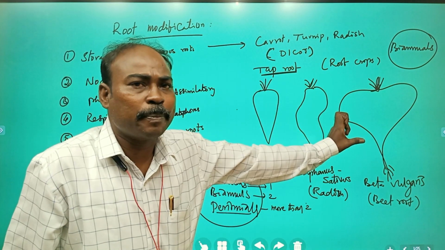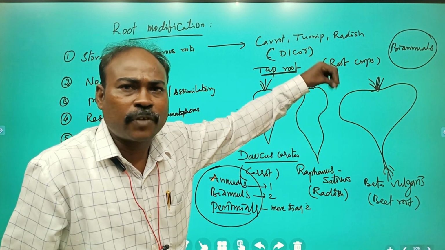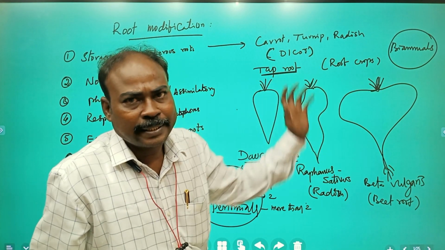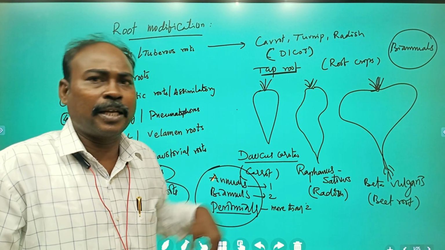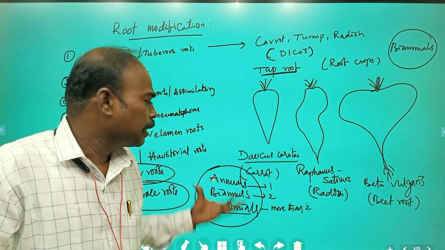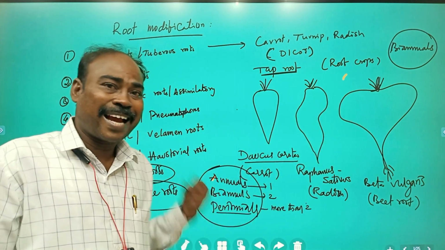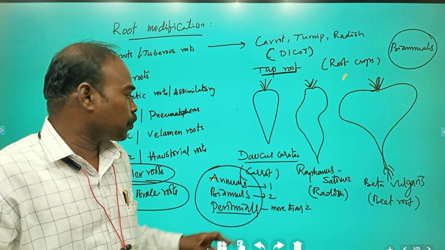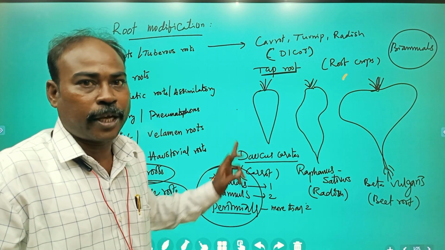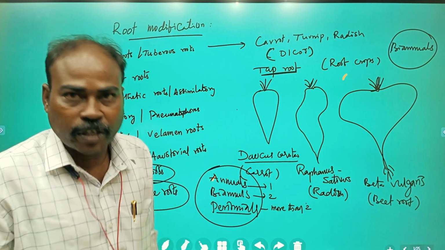Their taproot stores the food material in the first year or first season. In the second year, they utilize the stored food for their reproductive growth. Hence, farmers who cultivate these root crops harvest them at the end of the first year or first season. Okay?